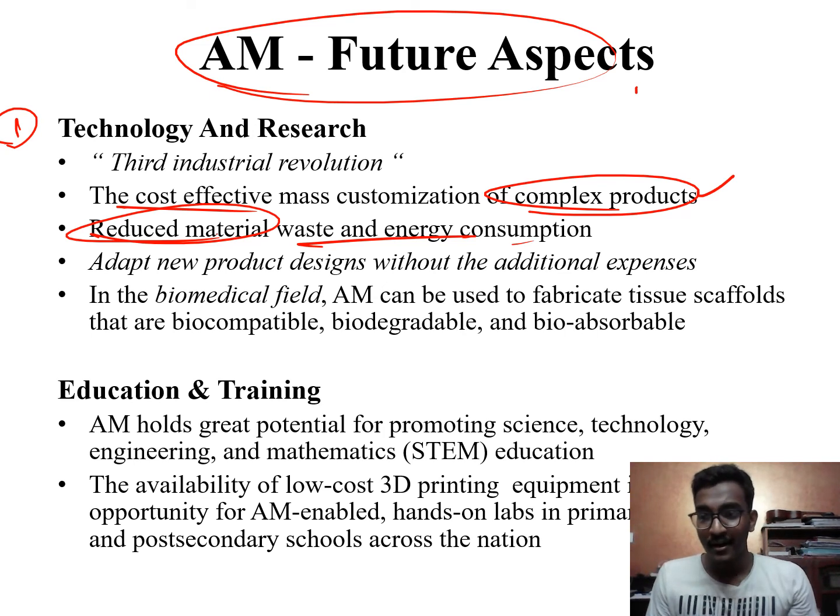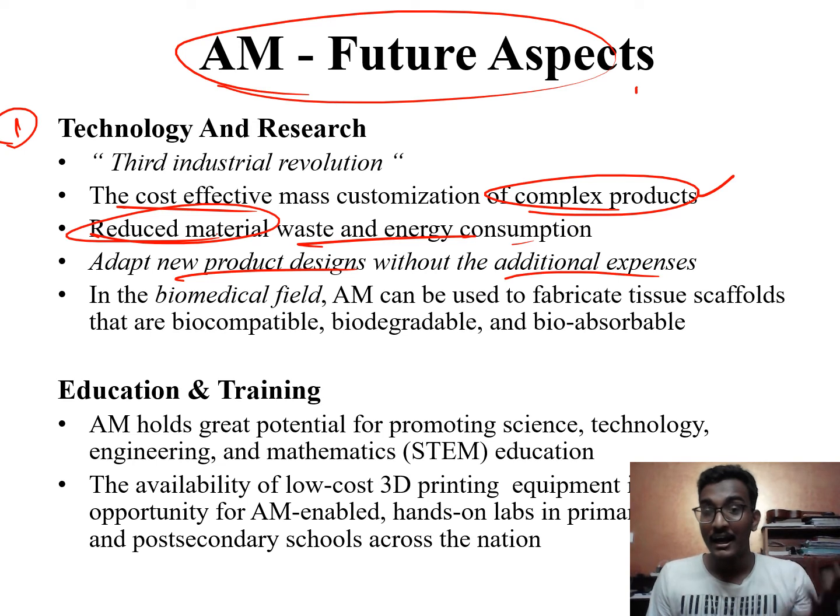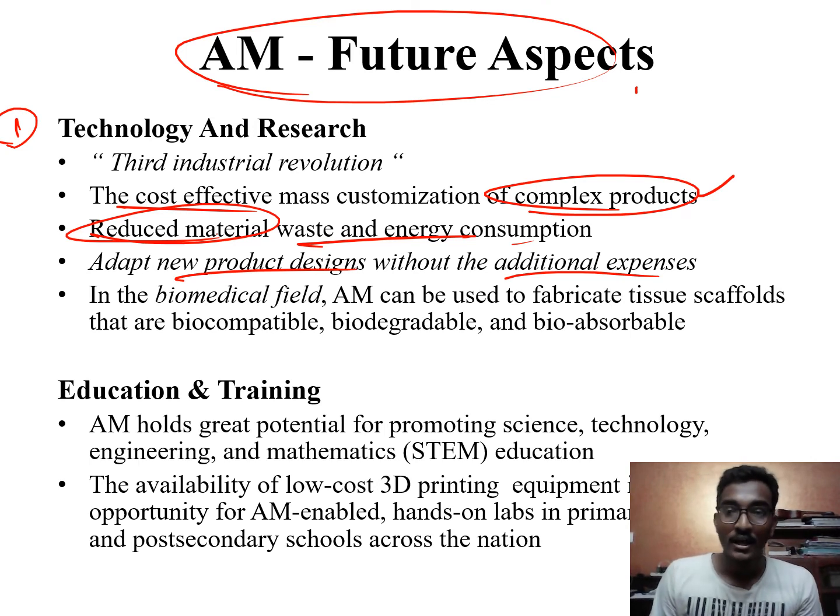Also we can make the best out of waste, and adapt new product designs, and it is up to your design, your capability, and your additional expenses. If you're going to use one material, we can do it by setting up the melting time and everything.